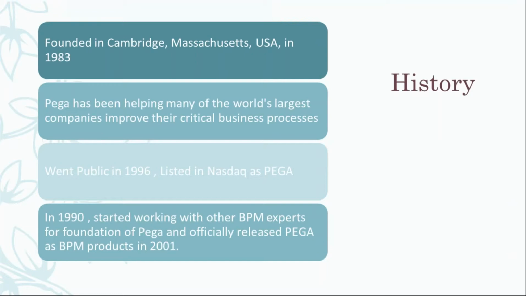Finally in 2001 they released Pega as an official BPM product, around the same time all the other 4GLs died because of the internet. They went public in 1996 and listed on NASDAQ under the Pega brand.